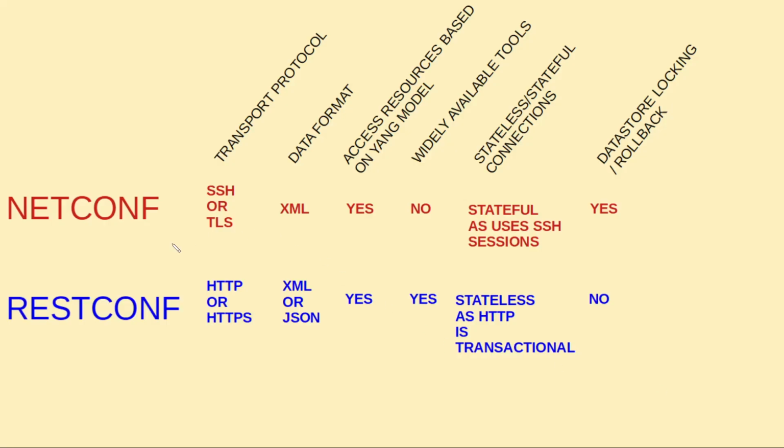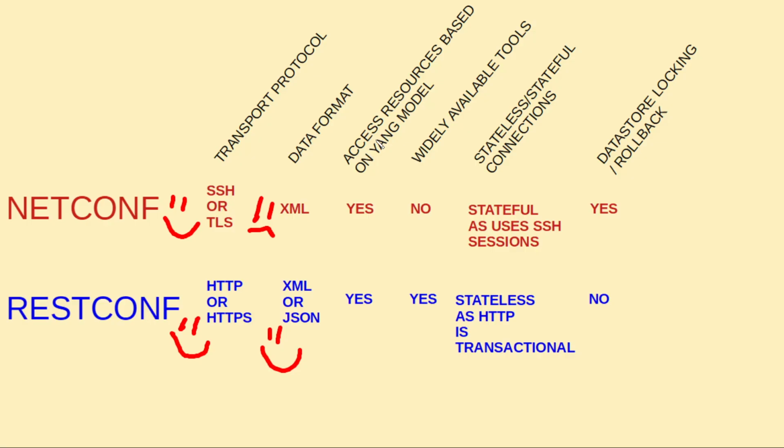Let's compare NETCONF with Restconf. Regarding the transport protocol, NETCONF may use Secure Shell or TLS. Restconf may use HTTPS, which is the recommended protocol. For the data format, NETCONF uses XML. Many programmers don't like XML, whereas Restconf can use XML or JSON.